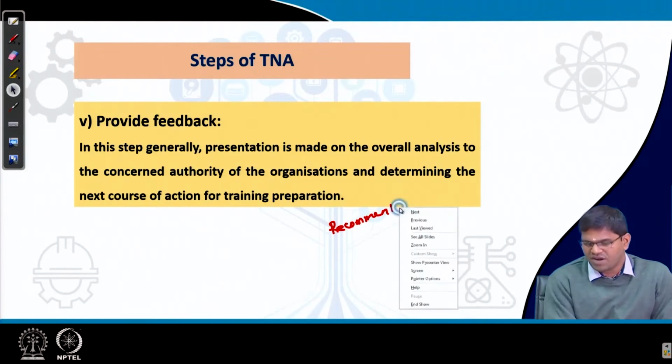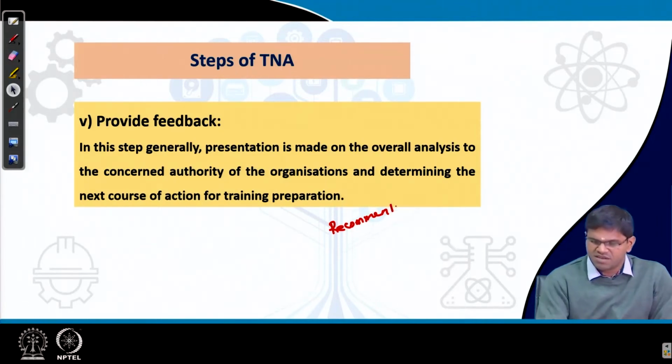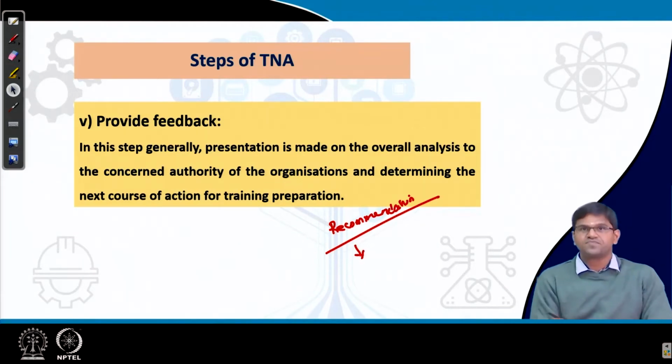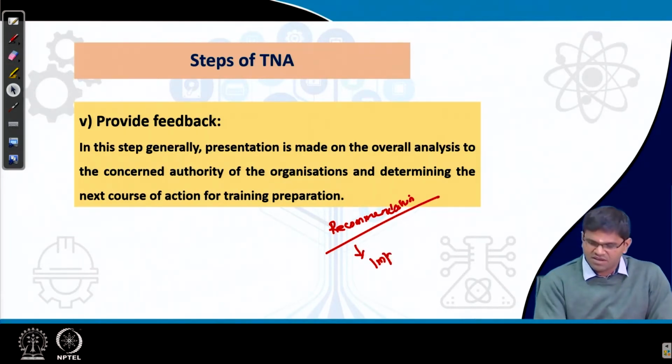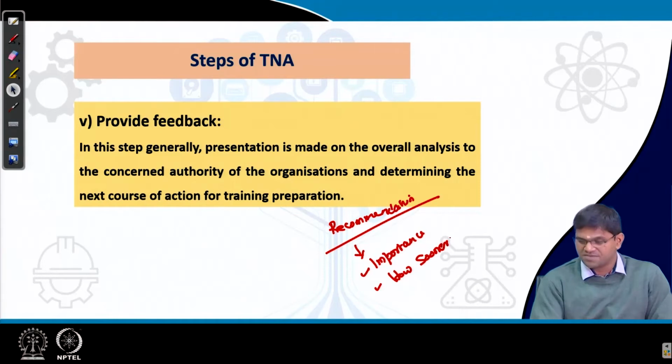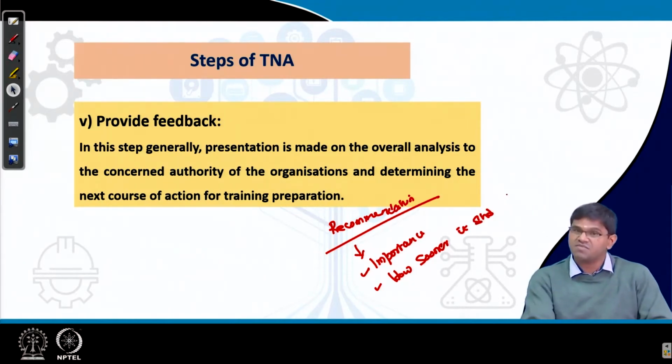So you would have provided recommendations, then this team will be able to see how important each recommendation is. They will classify importance and how soon it should be addressed. What is the seriousness of the deficiency?